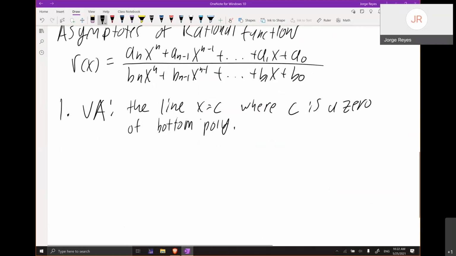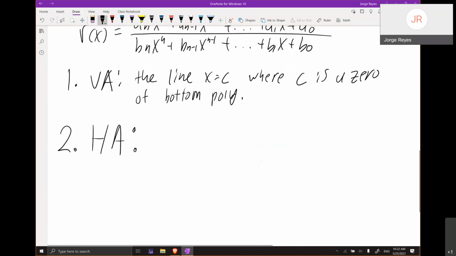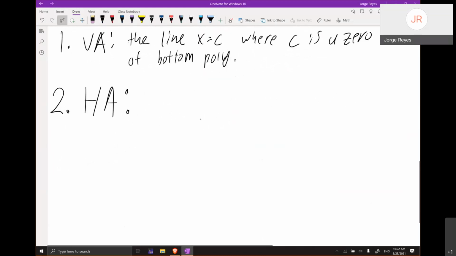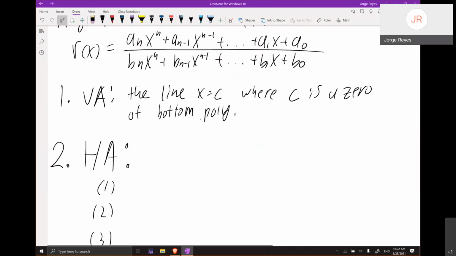Number 2, and this is why I'm mostly talking about this, is how do we figure out horizontal asymptote? Well, there's actually 3 rules to this. It's a little complicated. The powers on the bottom polynomial, I'm going to use m, and on top n.